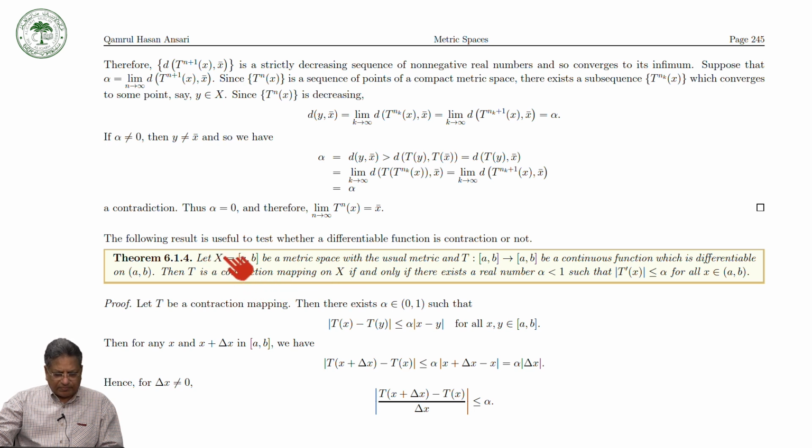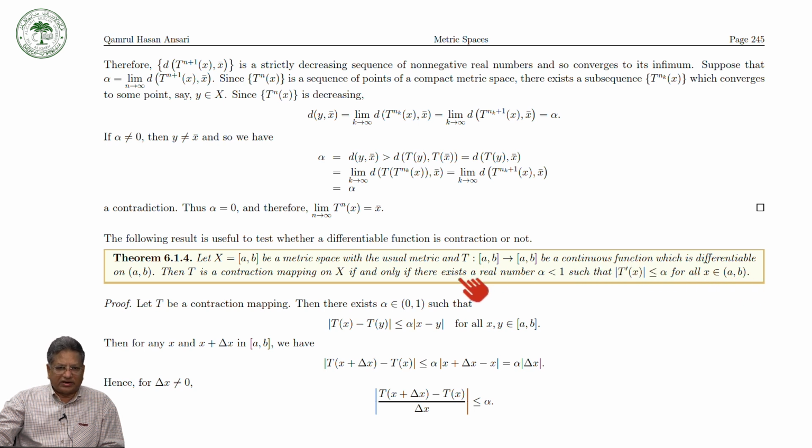if and only if there exists a real number alpha which is strictly less than 1. Keep in mind, alpha is strictly less than 1, not equal to 1, but of course it is greater than 0. So alpha lies between 0 and 1, such that the modulus of the derivative T'(x) is less than or equal to alpha for all x in the open interval (a, b).